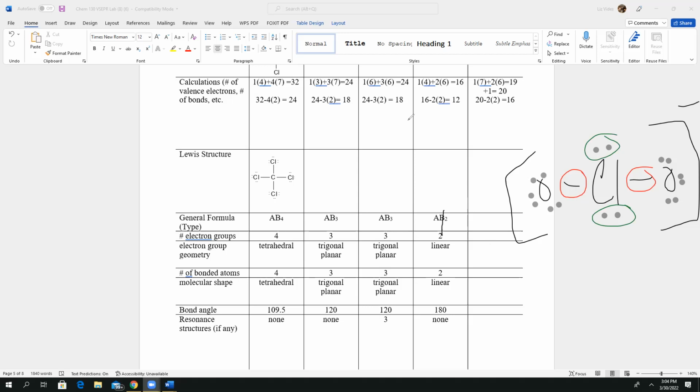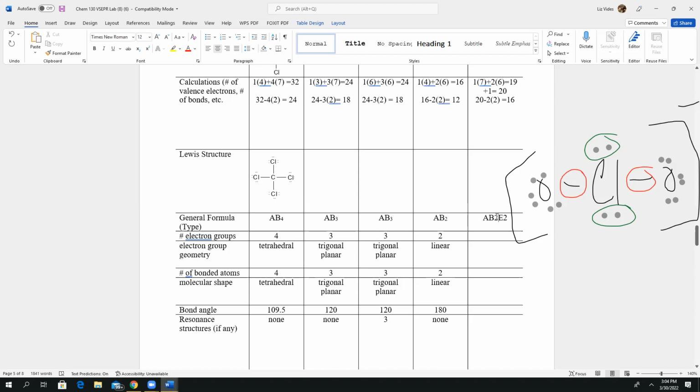Let me write this down. Okay, first of all, let's get rid of that. So this, as you can see, is an A because it's a central atom bonded to 2 atoms, and it has 2 electron pairs.